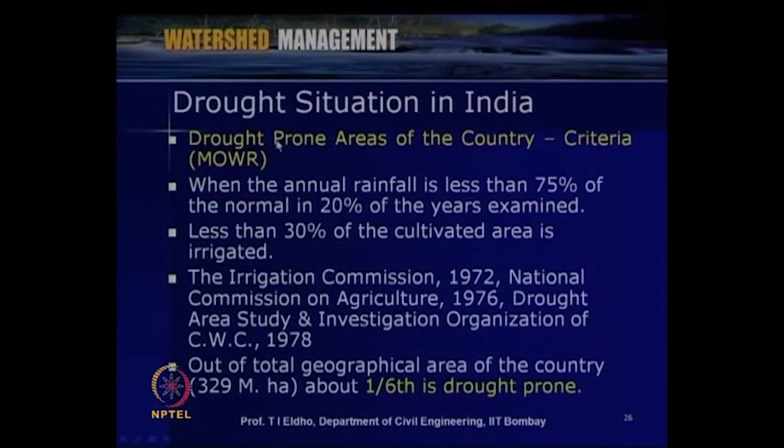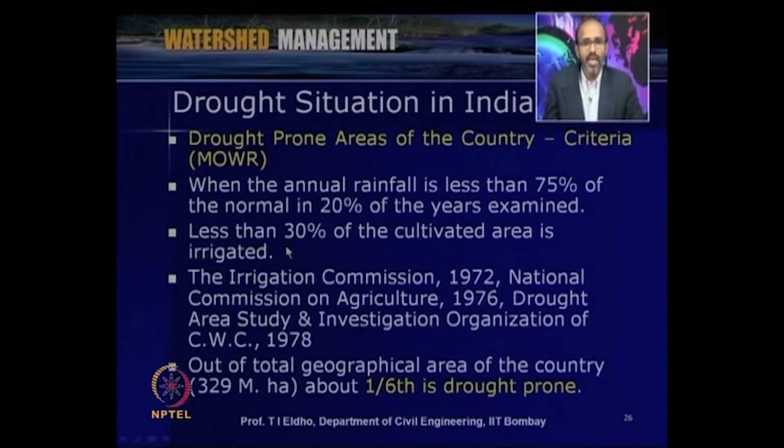Some of the criteria used by the Ministry of Water Resources to identify the drought prone areas of the country are: when the annual rainfall is less than 75% of the normal in 20% of the years examined, and less than 30% of the cultivated area is irrigated.